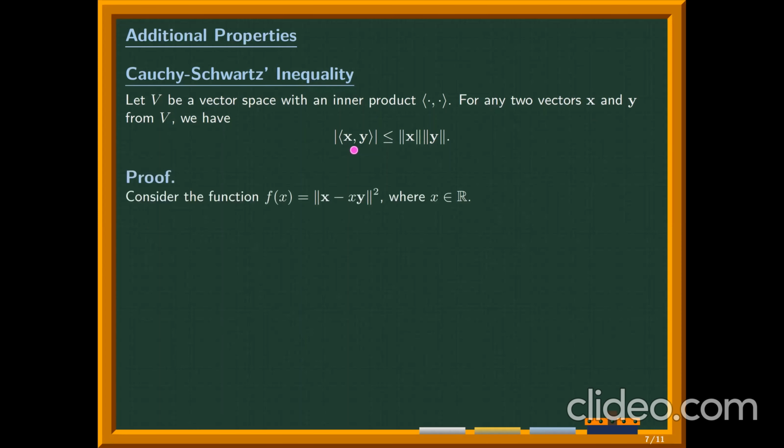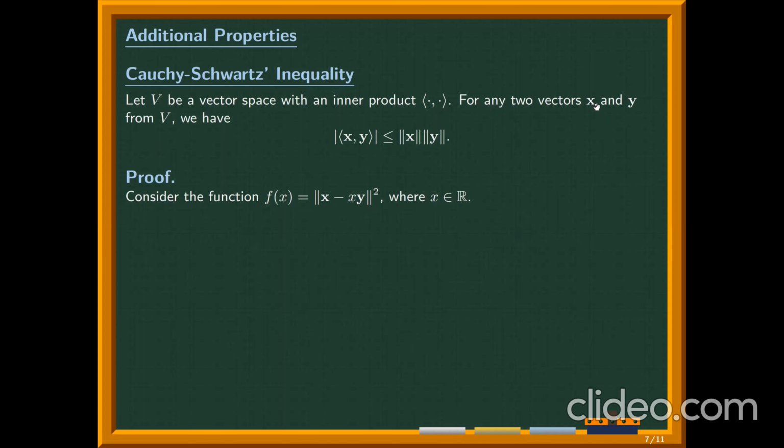To see why this inequality holds, let's consider the function given by f(t) equals the magnitude of x minus t y, squared. So here t is an arbitrary real number, and vectors x and y are fixed.